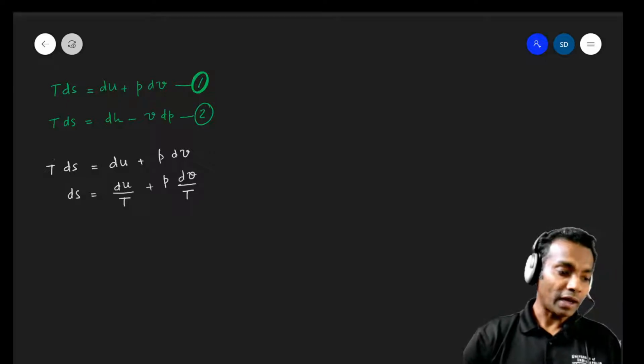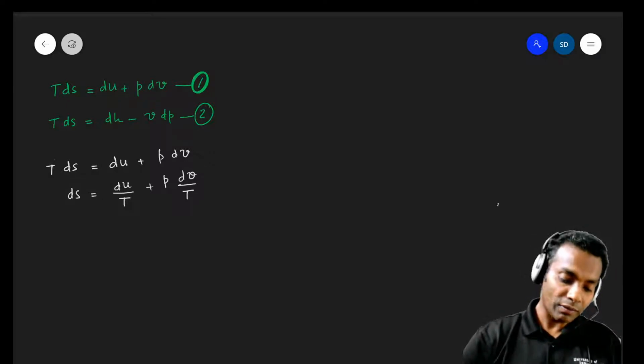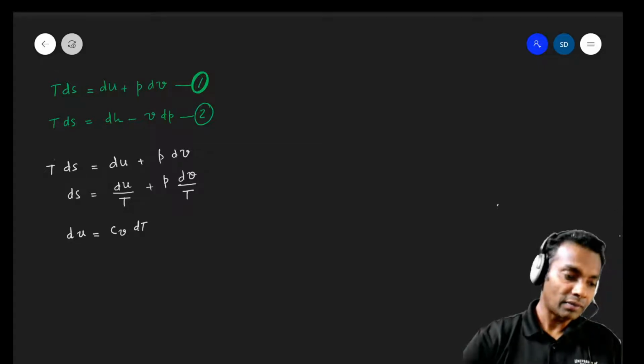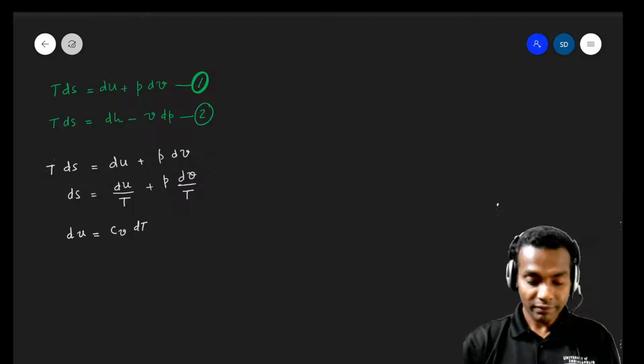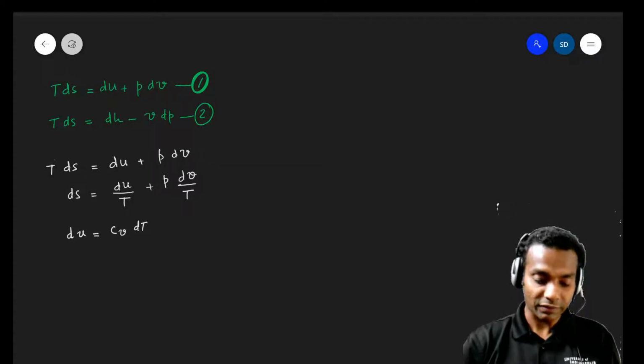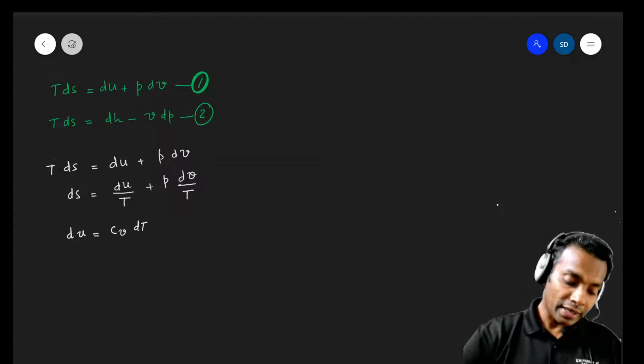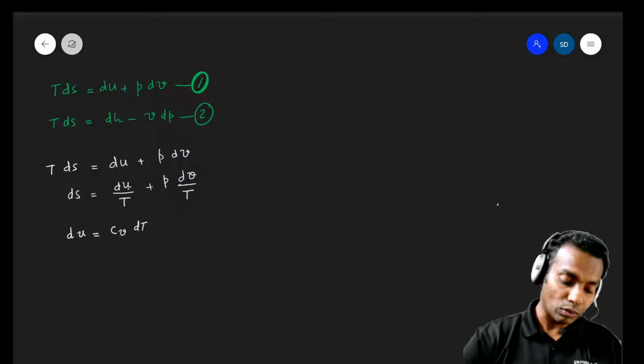Now, for ideal gases, we learned that du equals cv dT, and actually cv is a function of T for ideal gases, only ideal gases, and we can substitute that into du.